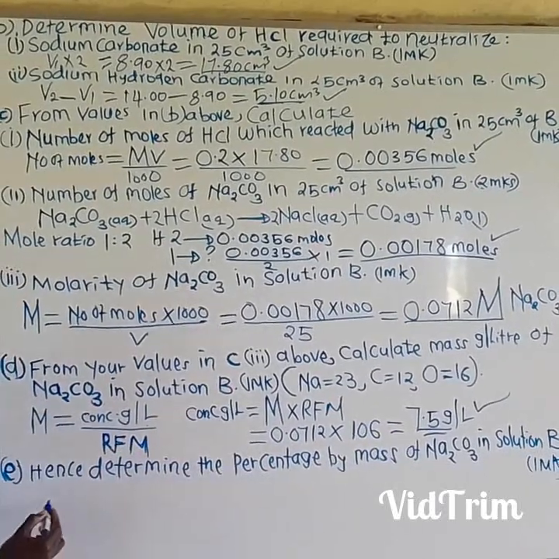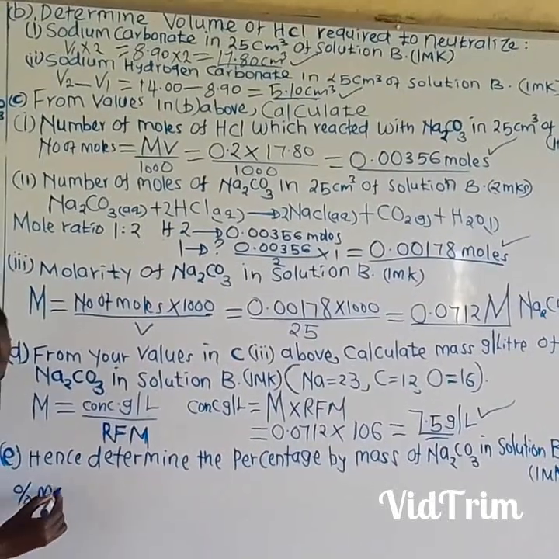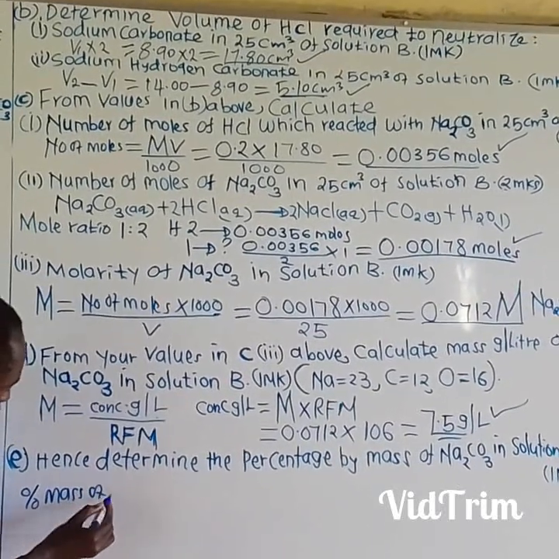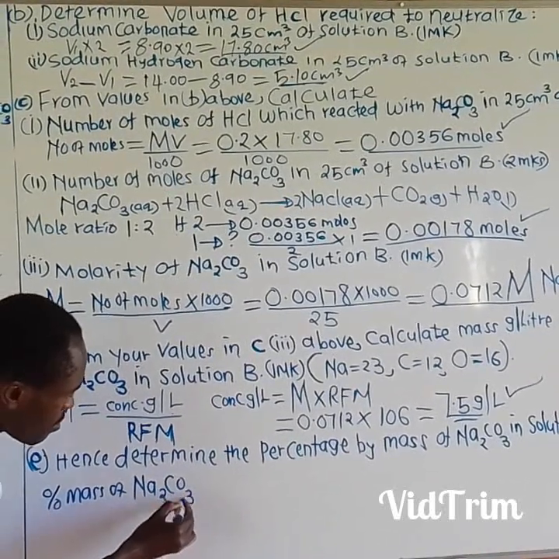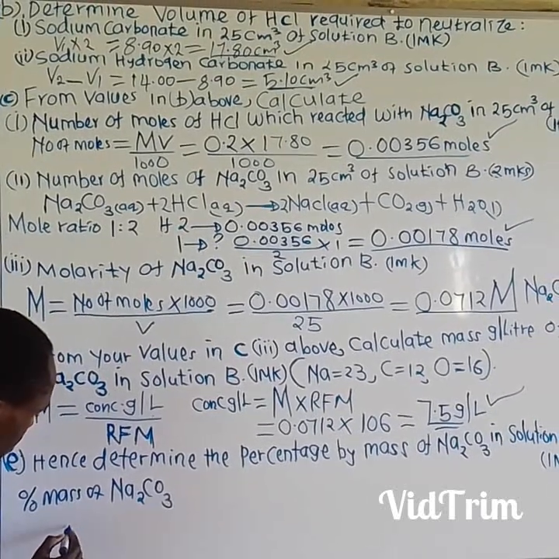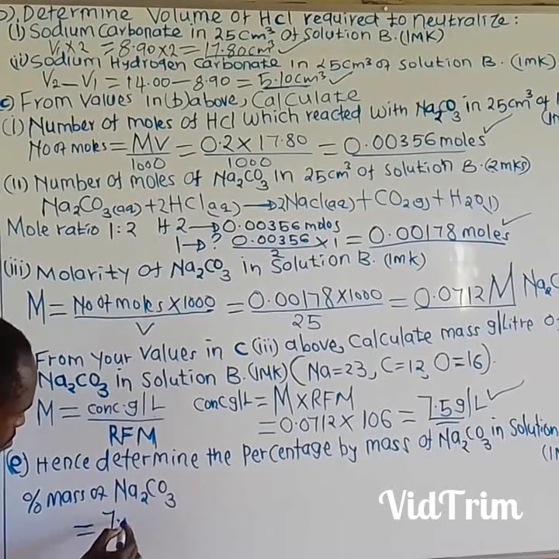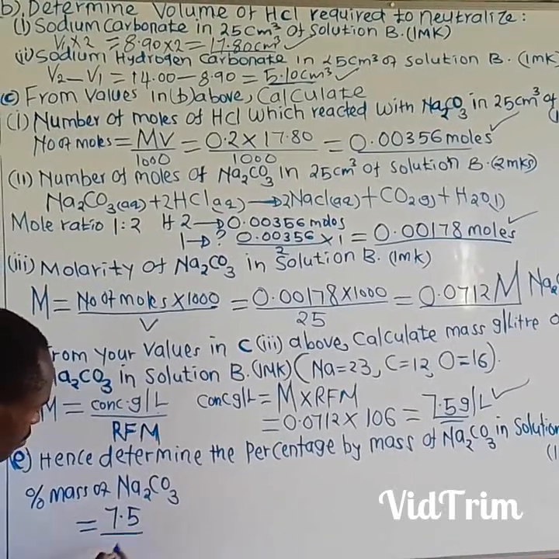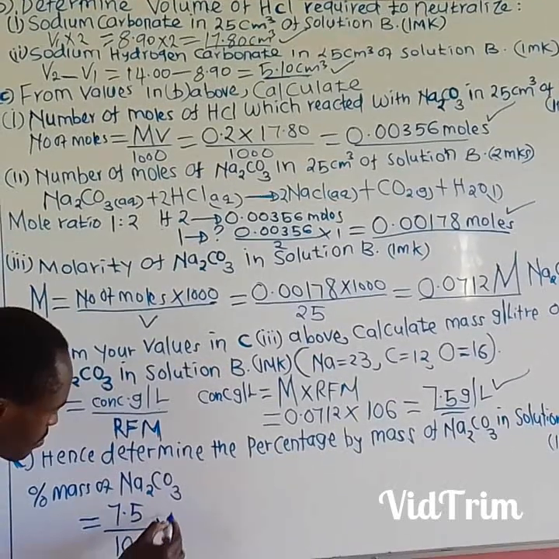So you talk of percentage mass of sodium carbonate in the mixture. Sodium carbonate in the mixture is given by 7.5 all over 10.3, then multiplied by 100.